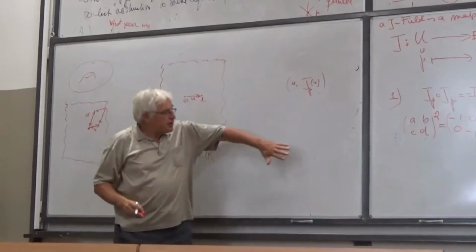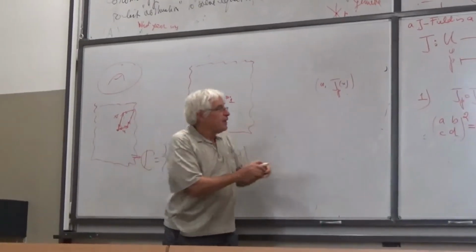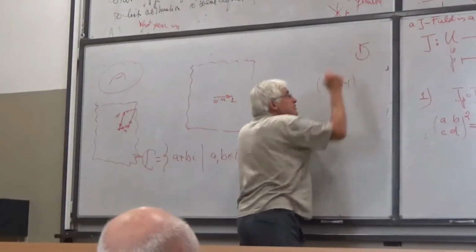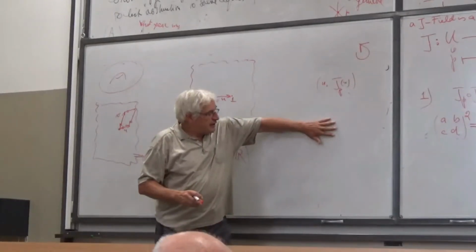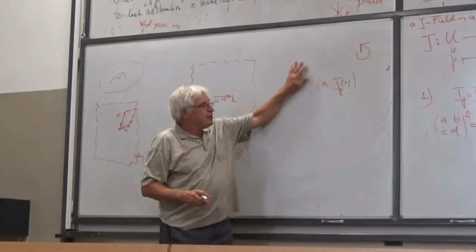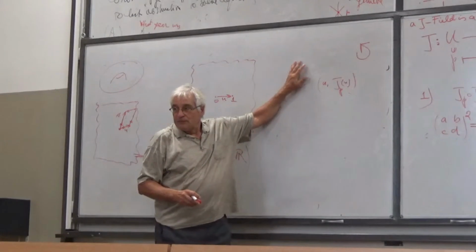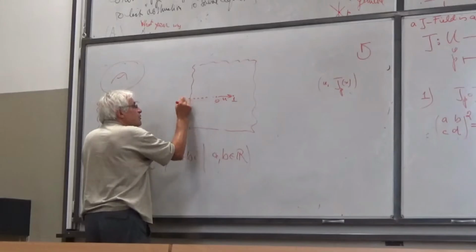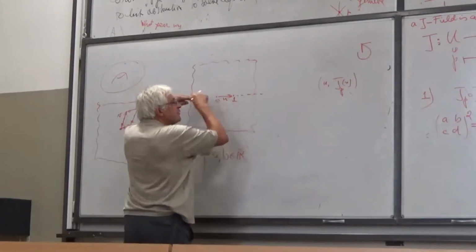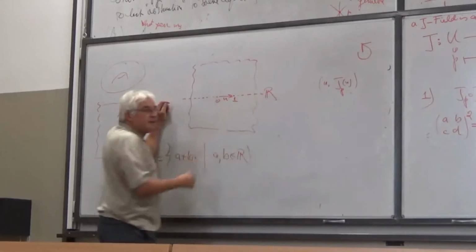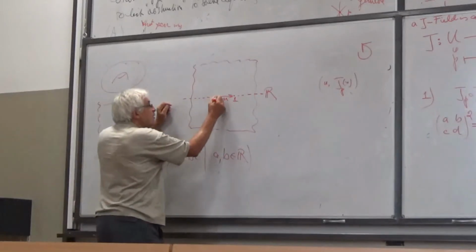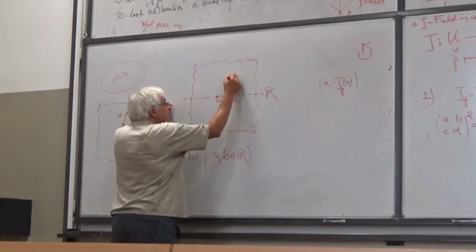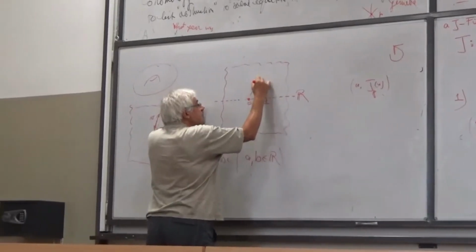So if the orientation is the orientation of the blackboard, which is this convention, counterclockwise to the left, then if this is the vector u, j of u must be here. In this picture, that means j of u is above the real line. So this vector v must be somewhere above.